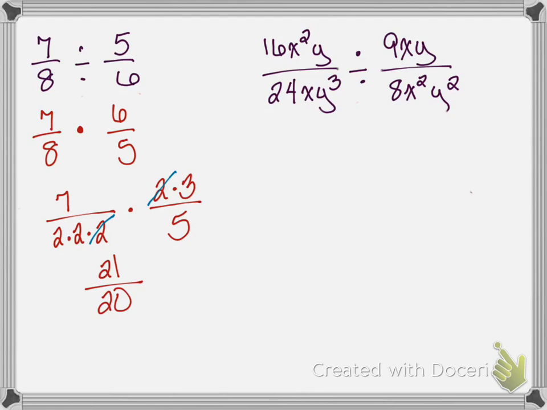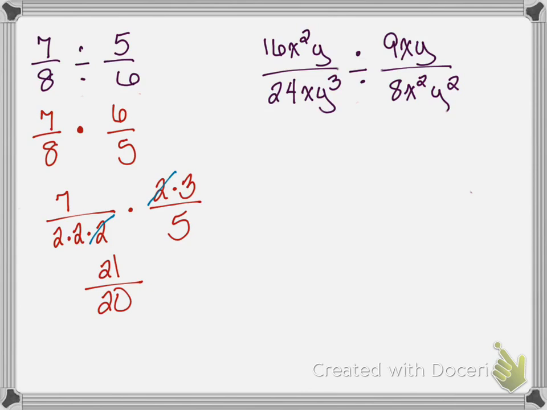Good. Now we are going to use that same principle, that same idea with 16x squared y over 24xy to the third, divided by 9xy over 8x squared y squared. So we're keeping, we're changing, we're flipping.